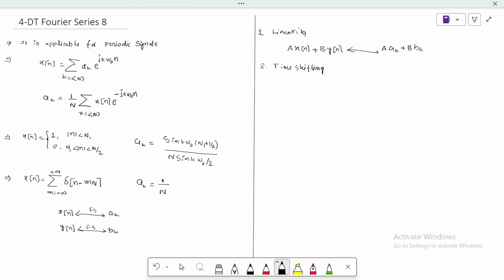For time shifting, x of n minus n naught, the delayed signal, ak is multiplied by the exponential e power minus jk omega naught into n naught.